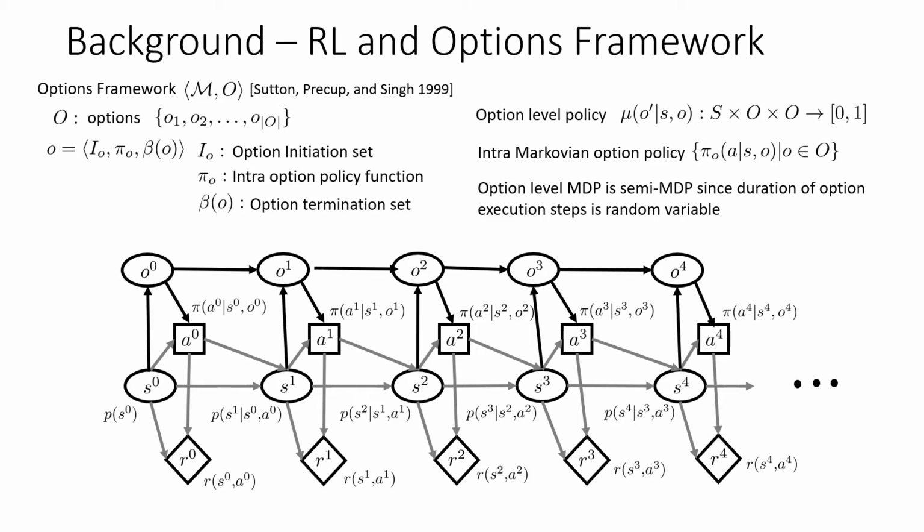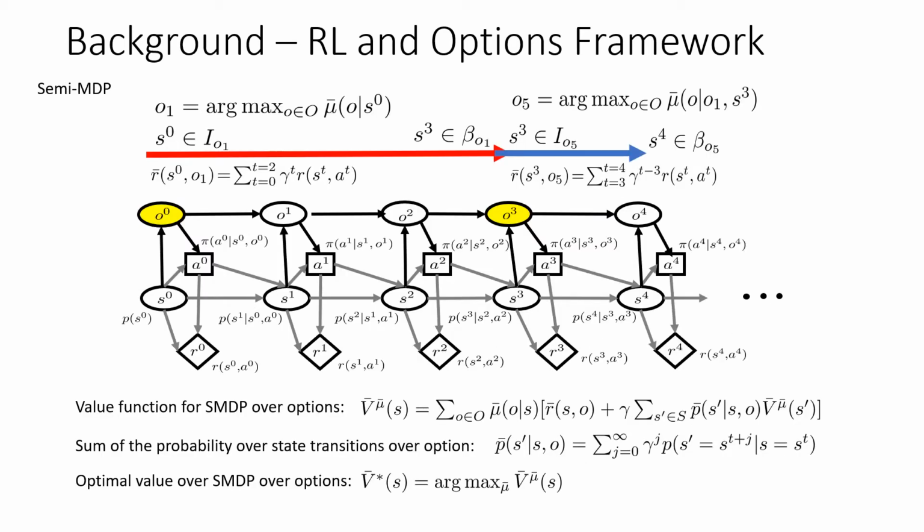Here, the solution is the option-level policy function that selects an option at each stage, and a set of intra-option policy functions, one for each option. The option-level MDP is a semi-MDP since the duration of the option execution is now a random variable. The following example shows a case where the option O1 was selected at time step 0 and terminated at time step 3.